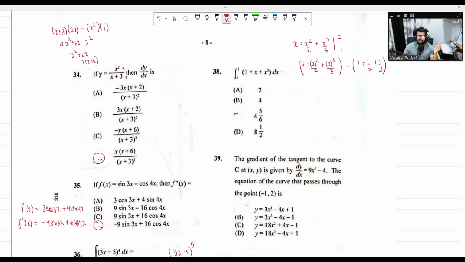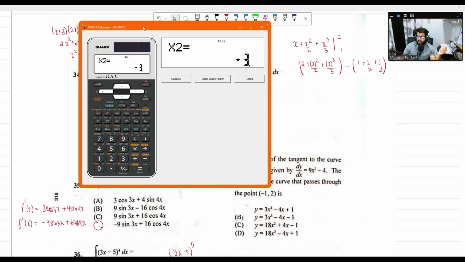I'm going to put the cube and stuff because 1 squared, 1 cubed, that's still going to give me 1. Alright, so this is where again the calculator is going to come into play. So this is 2 plus 2 plus 8 on 3. Take away, open brackets, 1 plus a half plus a third.